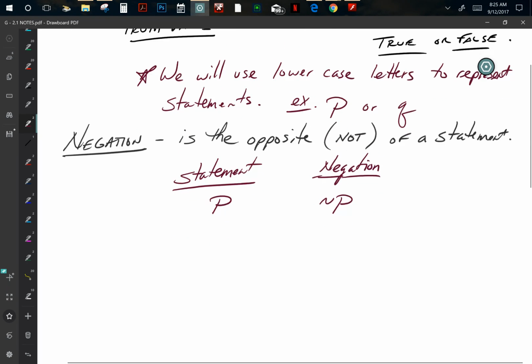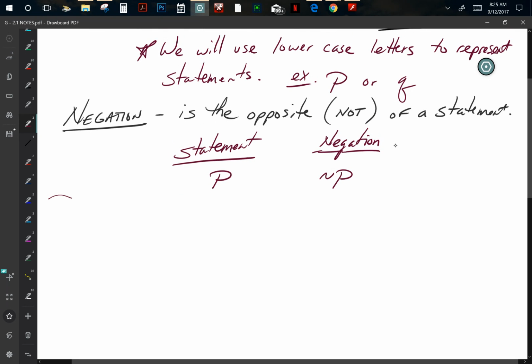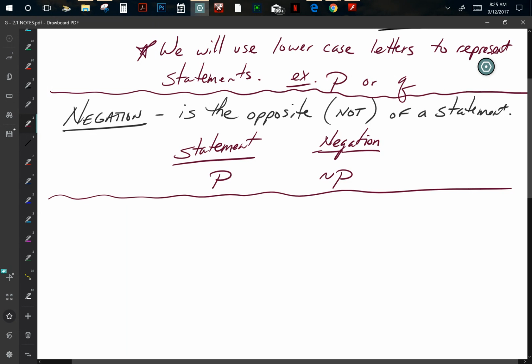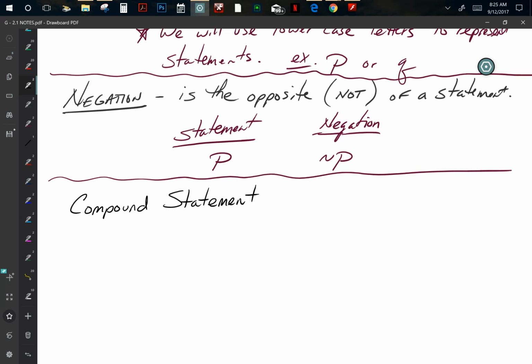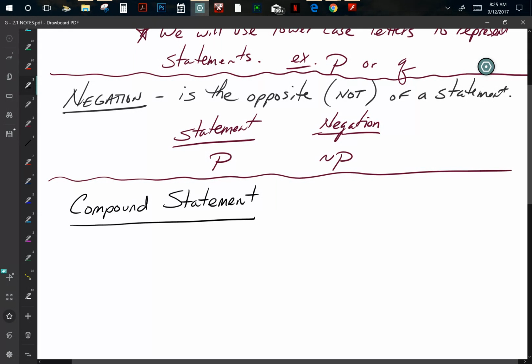Next thing we're going to talk about, and like I said, the unfortunate thing with a lot of this is it's going to be writing. What is called a compound statement. What do you think a compound statement is going to do? A lot more writing.